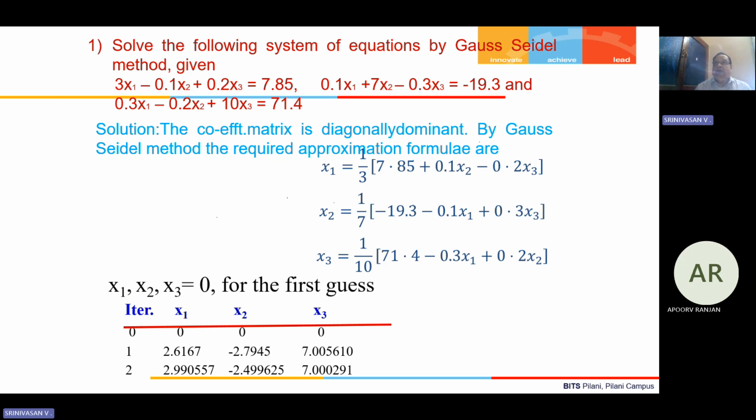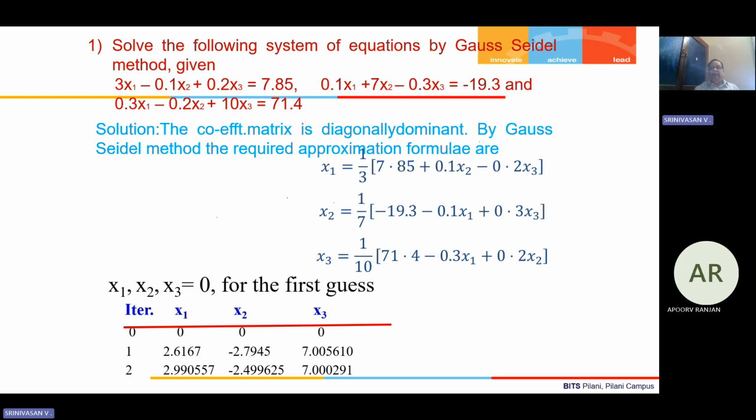Now x1 is found, and therefore you have to take that value of x1, which is 2.6167. So minus 19.3 minus 0.1 into 2.6167, that is minus 0.2617, plus 0.3 into x3, which becomes 0.